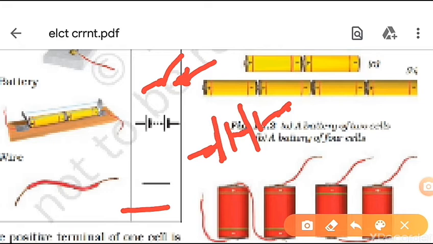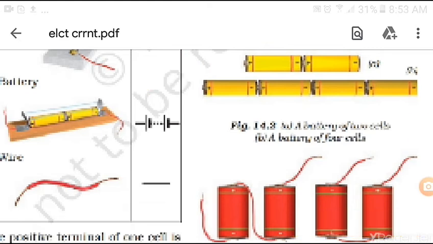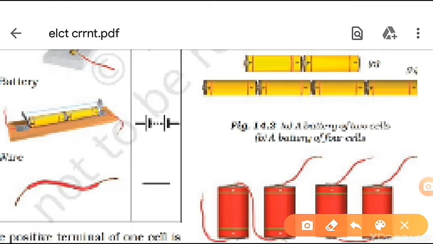Okay, next very important point: how to join different cells. You can join the cells in two ways. One is horizontally and one is vertically. So here you can see the cells. When you put the cells in the remote, two cells are there. How to join those cells? One is the positive and another one is the negative. Always remember the positive and the negative.